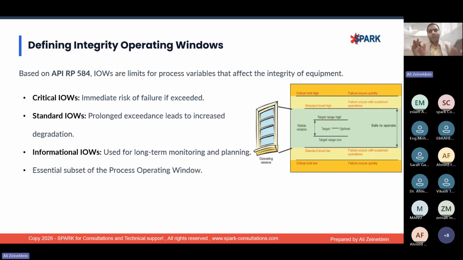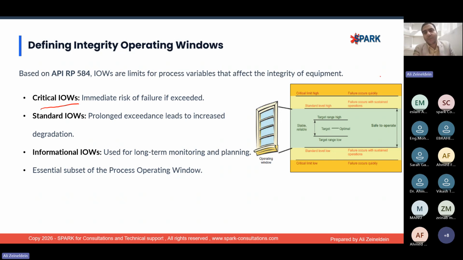So now we have a simple definition for the defects, and now we are going deeper into the process and the operating parameters, specifically talking about the integrity operating window. What does it mean by integrity operating window?